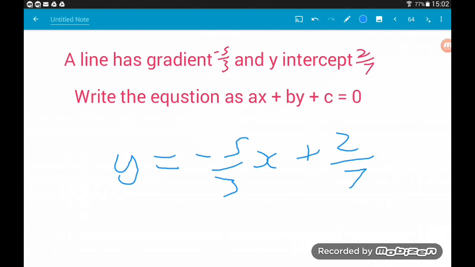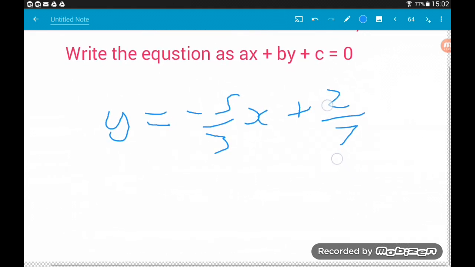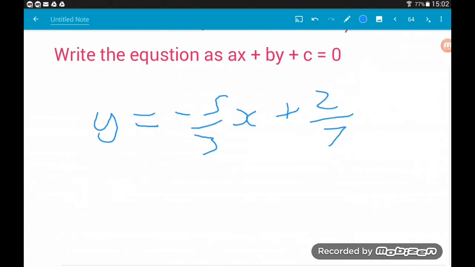So it's easy to see with an equation like this why we might want to write it in another form. It looks horrible. So first of all, let's get rid of the fractions. I'm going to multiply everything through by 3.